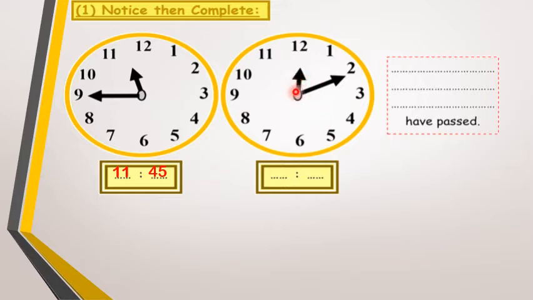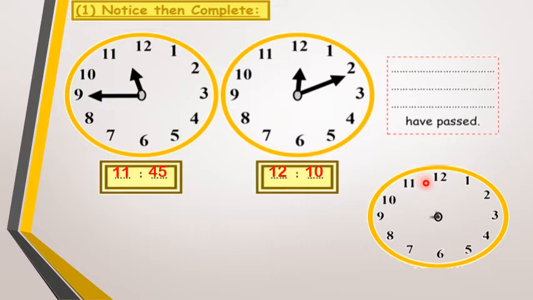Here I have the short arm on 12 and the long arm on 2 for minutes. So I multiply 2 by 5, it gives me 10 minutes. So I want to find the elapsed time between these two clocks. I started at 11:45.